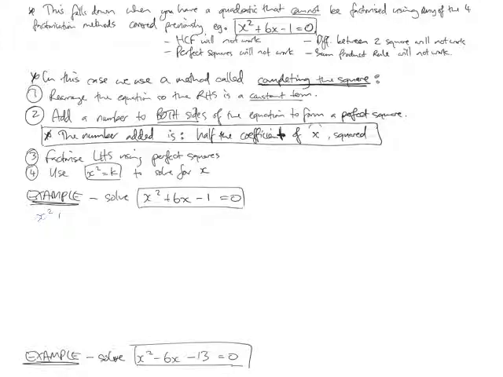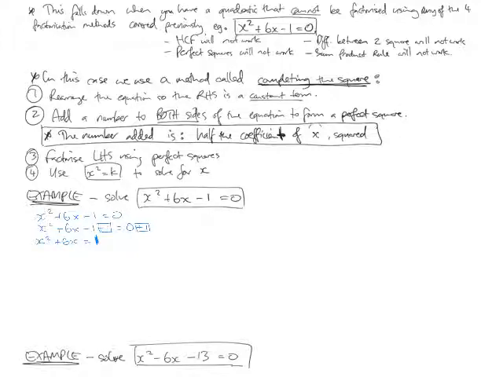x squared plus 6x take 1 is equal to 0. Now, step 1, rearrange the equation so the right hand side is a constant term. So, the constant term here is -1. The opposite of -1 is add 1, and we need to do that to both sides. So x squared plus 6x is now equal to 1. So we've made it equal a constant term.